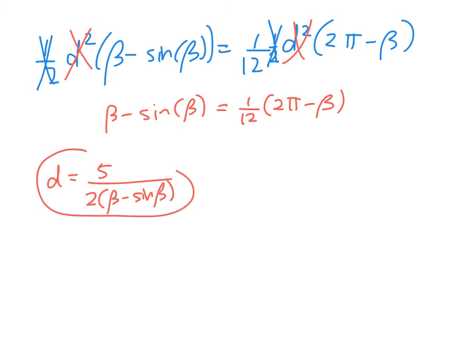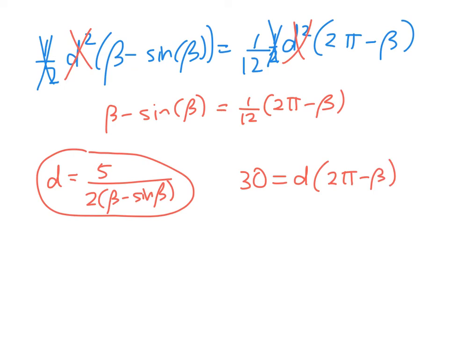So before I start going too much further, I look at that and something I notice is I haven't got any 2 pi's. And I haven't got d in that equation anywhere. So we do what we did in the last question, and we say, well, what links d and beta? And the link comes from this. The arc length of that major arc was equal to 30, which is equal to d times 2 pi minus beta.